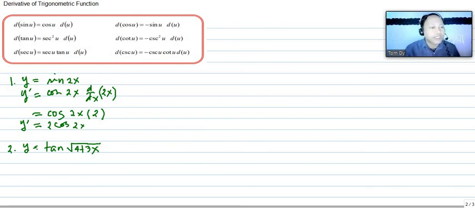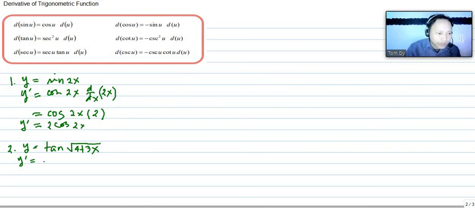Now this one is tangent u. This will serve as our u. Y equals tangent u. So the derivative of tangent u equals secant squared u times the derivative of u. Okay, so we have y prime, that is equivalent to, we take the derivative of tangent u, derivative of tangent u equals secant squared u du.